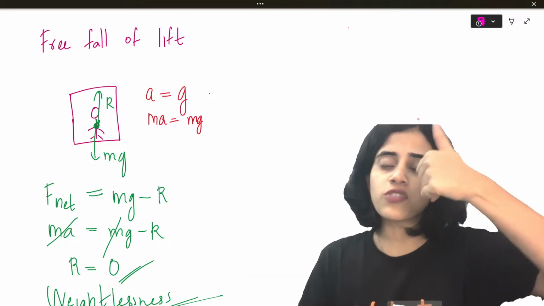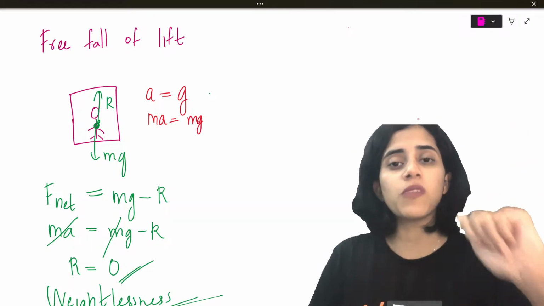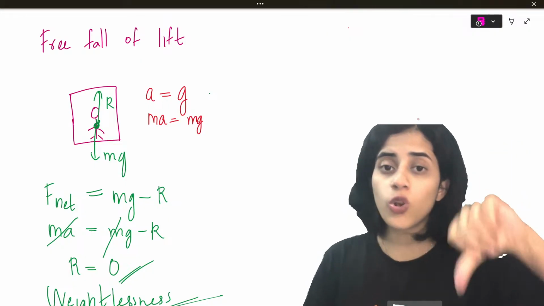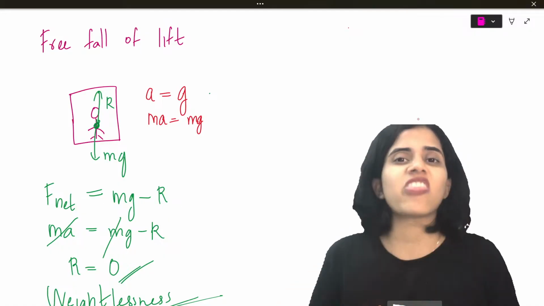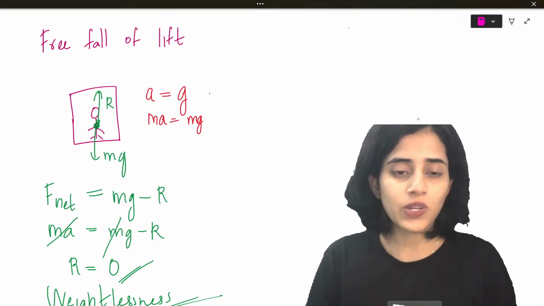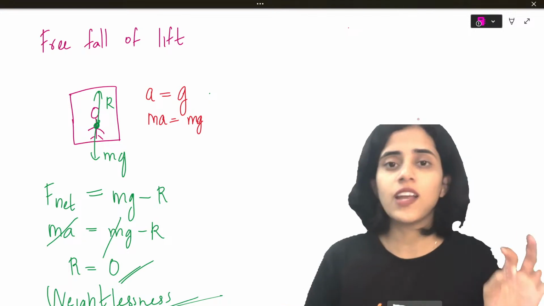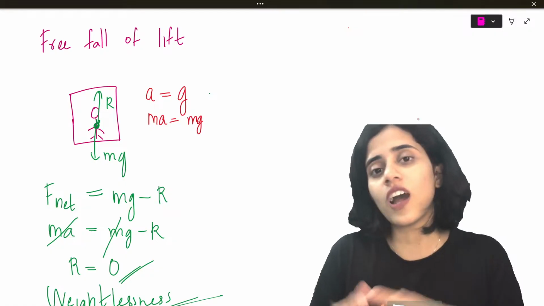All that is because of how normal reaction changes. In the first case, when normal reaction was high, you felt heavier. When normal reaction was low, you feel light. If normal reaction is zero, you feel nothing. You feel weightlessness. So depending on how normal reaction force changes, it changes how you feel.